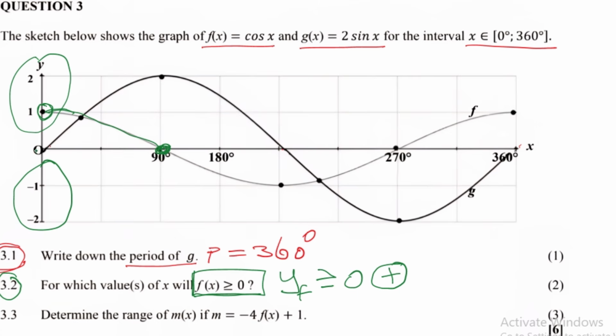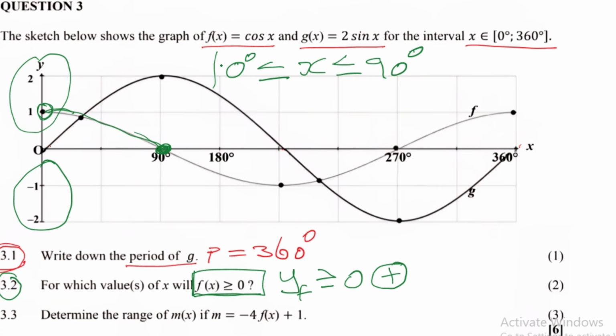So it's from 0 degrees to 90 degrees, like this. And these are the x values that we are looking for. But according to the inequality here, it says greater than or equal to, so we can write like this.